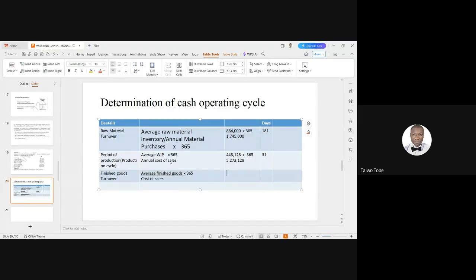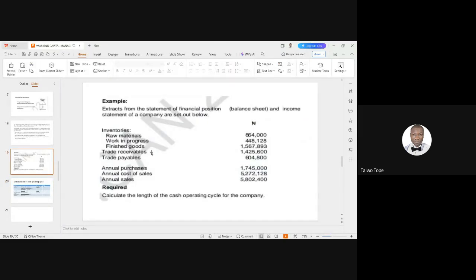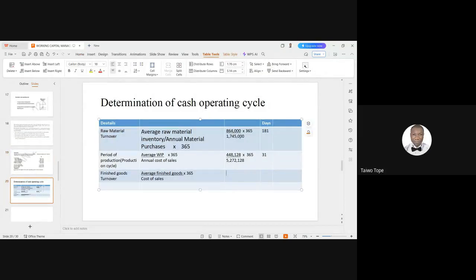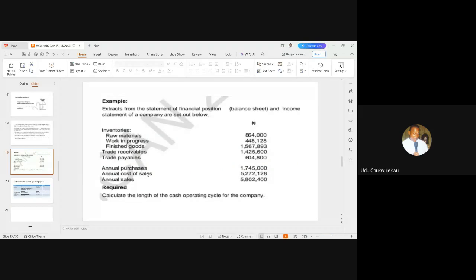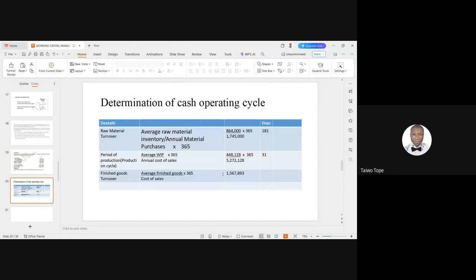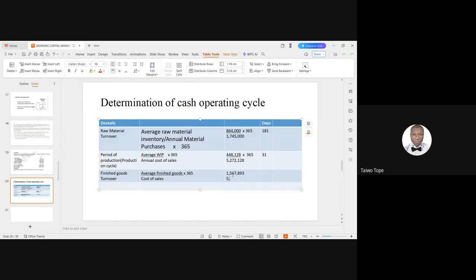Now, from the question, your average finished goods is 1,567,089, divided by your cost of sales in the question, that is 5,272,128.